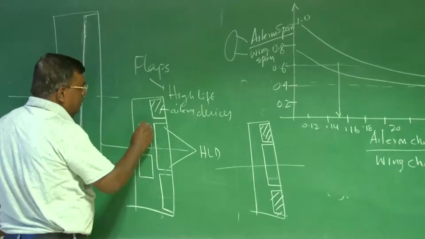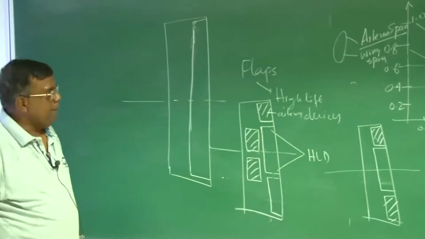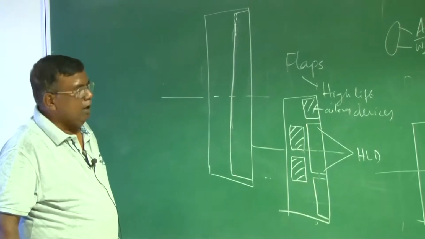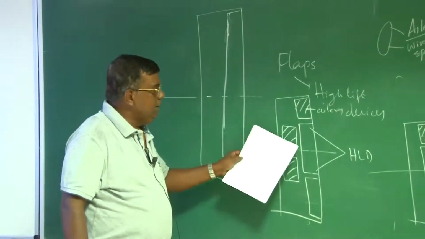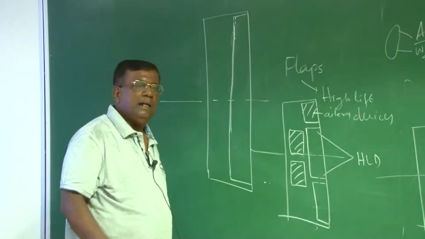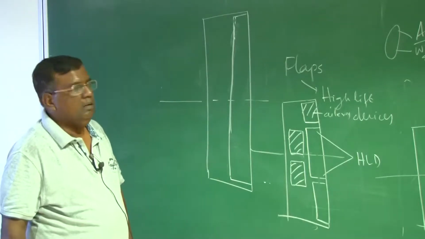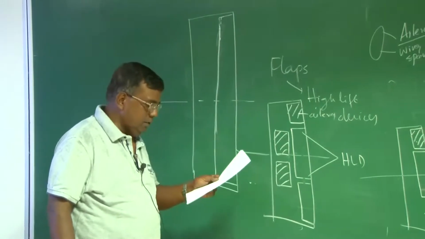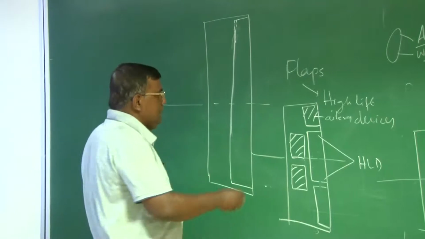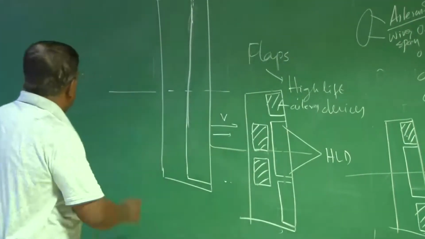Spoilers are, of course, required for spoiling the lift. Conventionally, they are used for landing. But now you could see that if I reduce lift on one side of the wing, I'll be able to generate a bank angle and will avoid high-speed aileron reversal. So all these combinations are used, and generally these spoilers are installed.